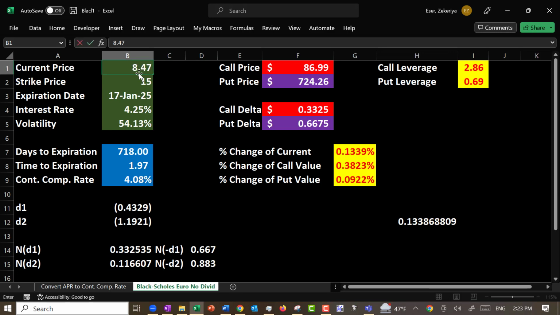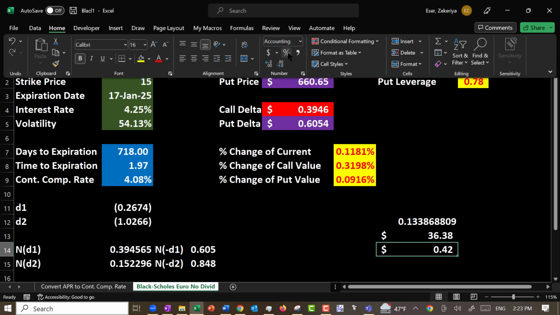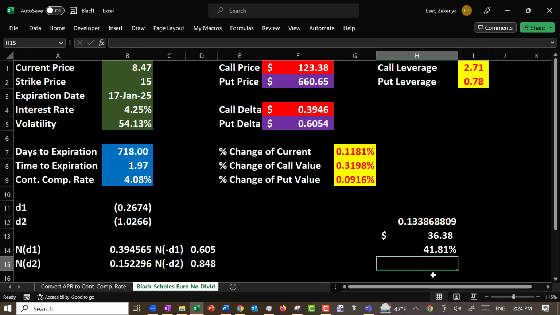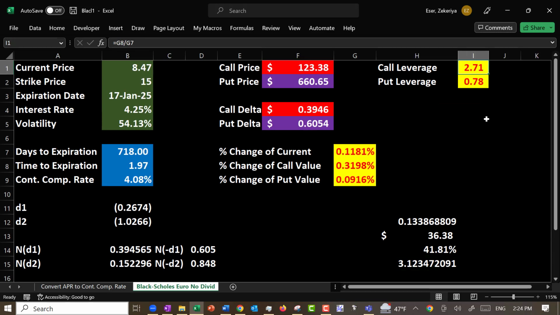But if it goes to 847, it's a 41% increase. It's a leverage of 3.4. The local leverage is only 271. So the more gap the movement is, the more is the implied leverage.